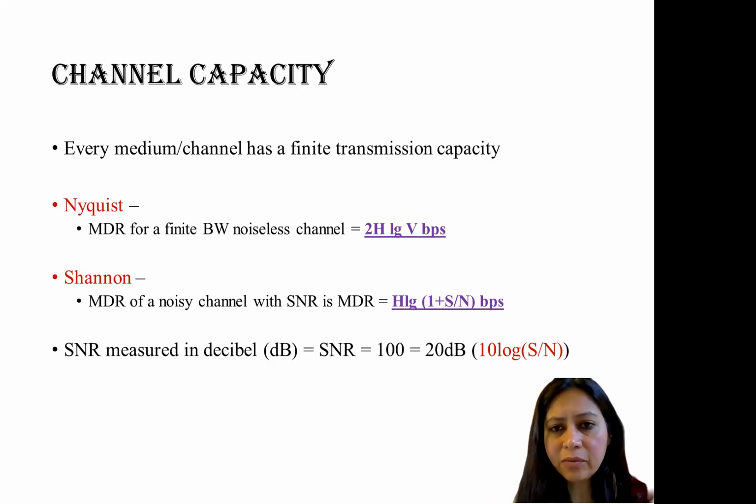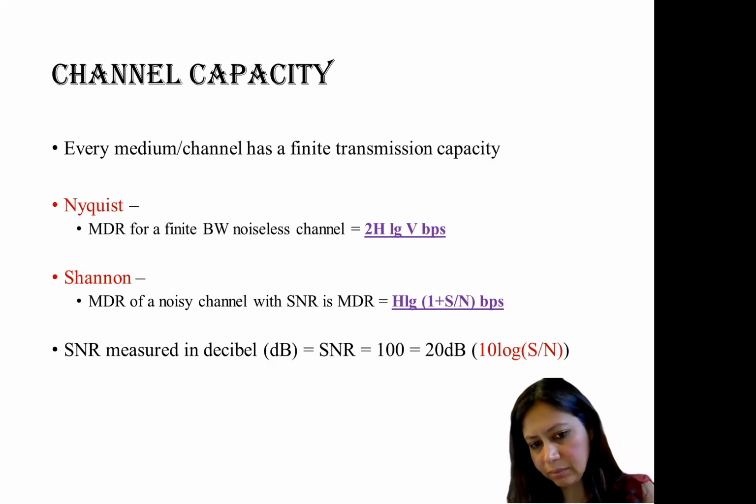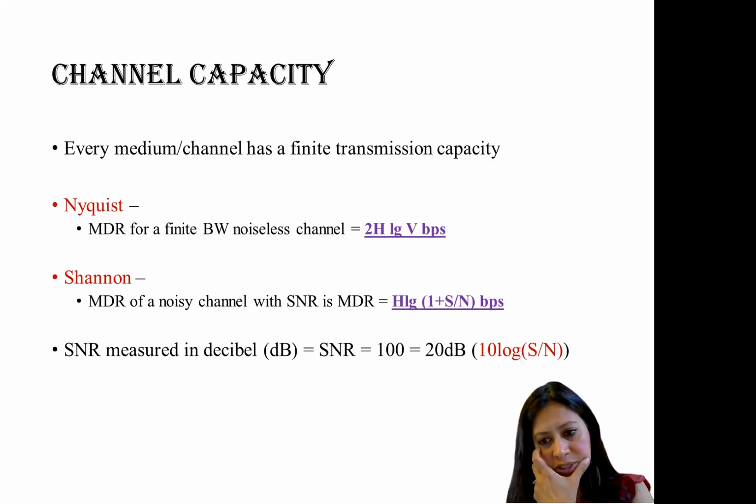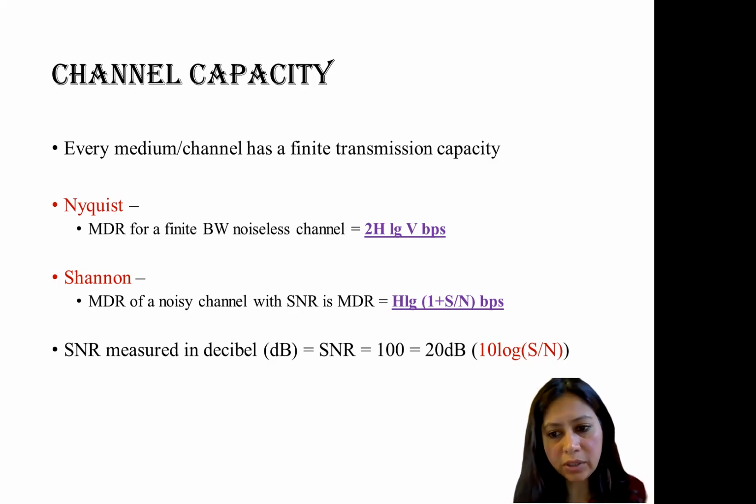And in Shannon's formula, it's the raw S over N value that we need to plug in. So always remember that. When we say the SNR is 20 dB, we are not speaking of the raw signal to noise ratio. We need to use this in order to find out what the raw S over N value is, plug that in here, and then do the math to calculate the MDR, Shannon's channel capacity.